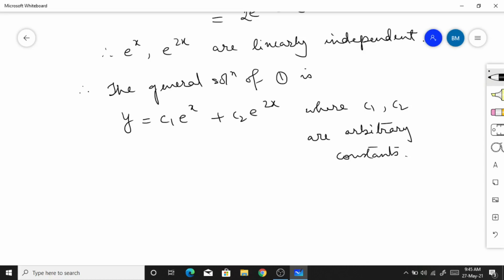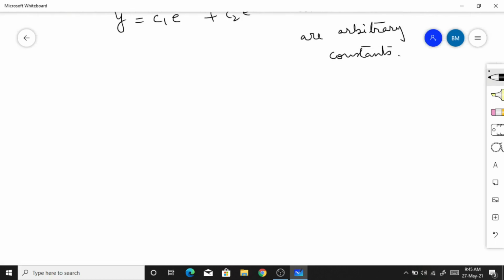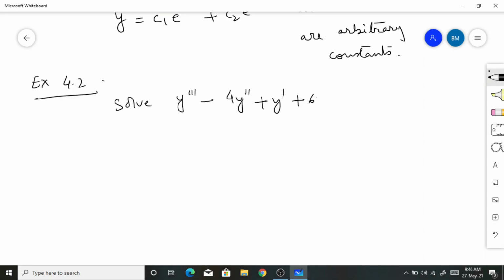Right? So consider one more example. Example 4. Solve y triple prime minus 4y double prime plus y prime plus 6y is equal to 0. Call this equation 1.